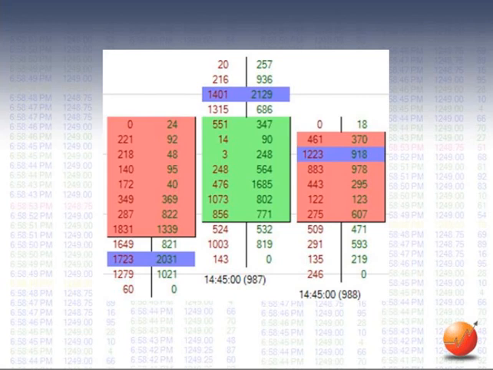Here's an interesting one. First pattern's responsive buying, and I'd say probably one of the best ones that I've seen. Very, very light trade, with the bulk of the trade taking shape down here.